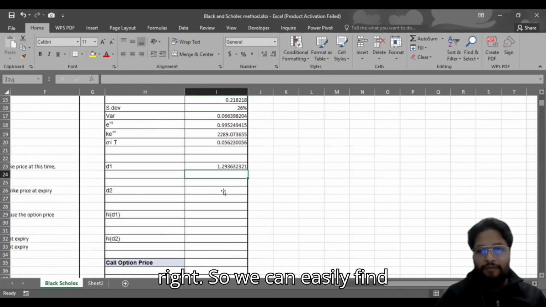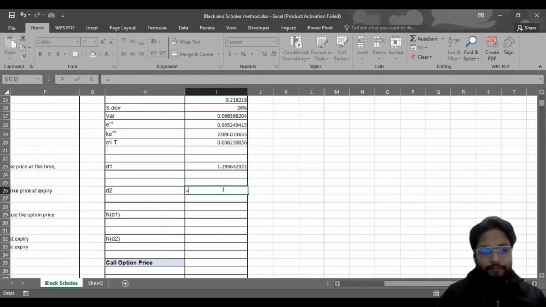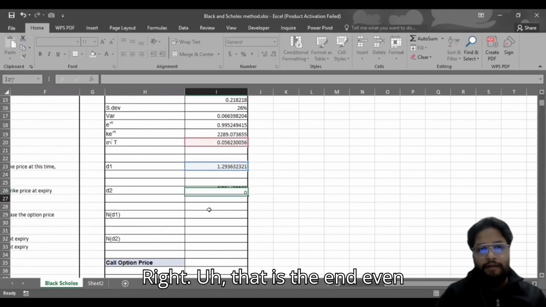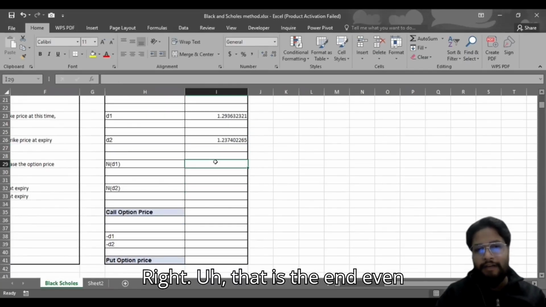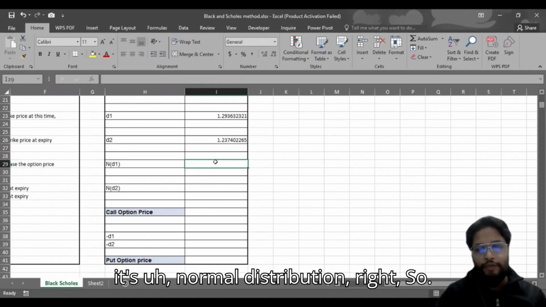So we can easily find D2. And N of D1 is the normal distribution.